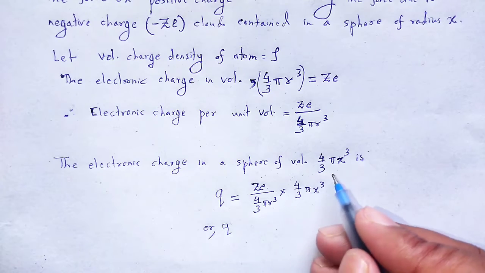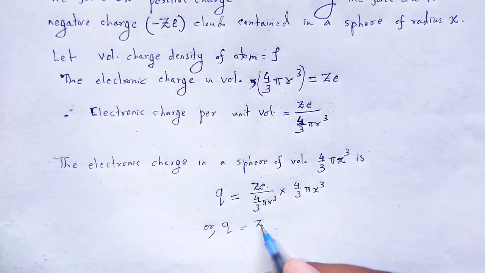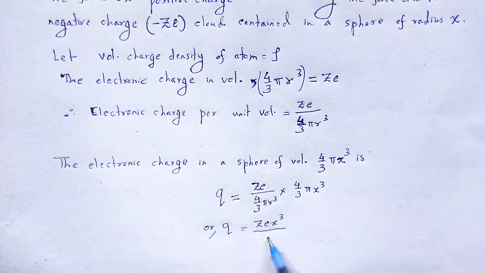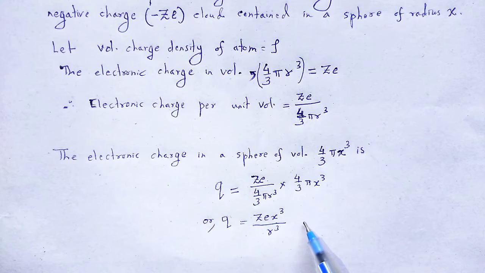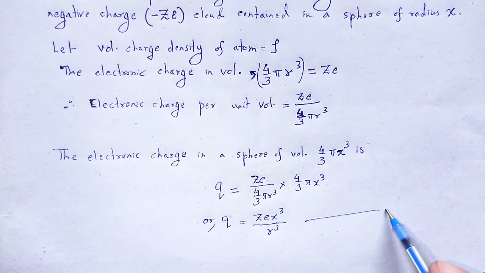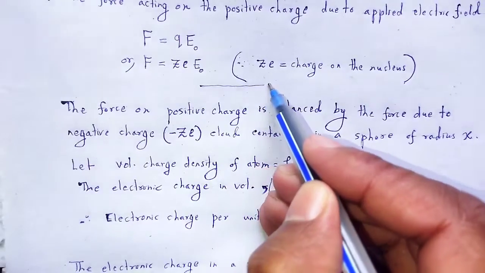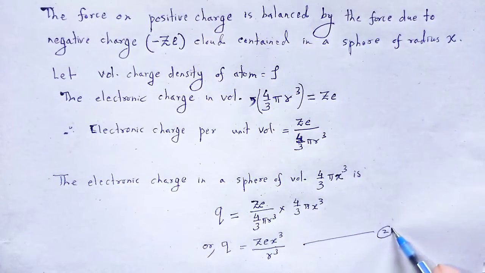Electronic charge in that given volume, q is equal to ZE x cube divided by r cube. We have taken this as equation number 1, that is equation number 2.